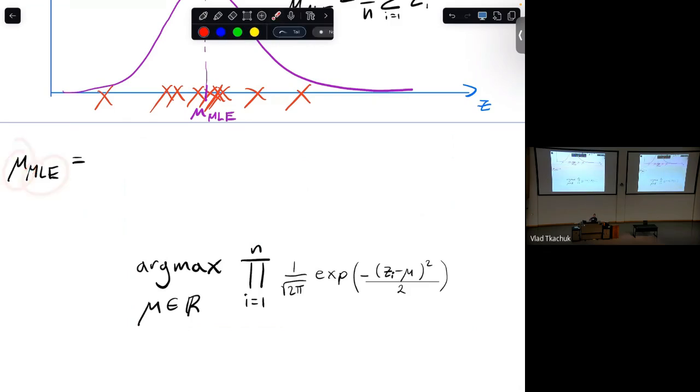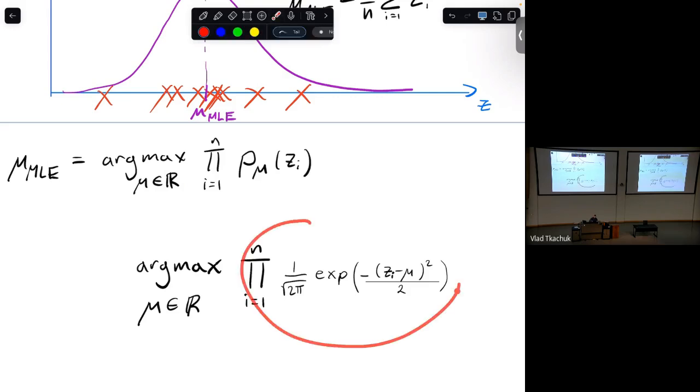And now this is the boilerplate math that you just repeat every single time for these MLE calculations, which you will do quite a few of. So you want to get the argmax over mu, from whatever the domain of your parameter is, of the product from i equal 1 to n of, okay, so now here is a notational thing. Here you would write p sub mu of zi, right?